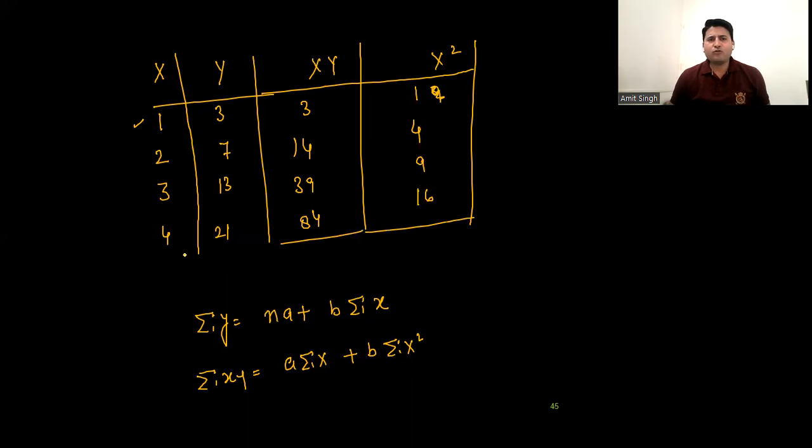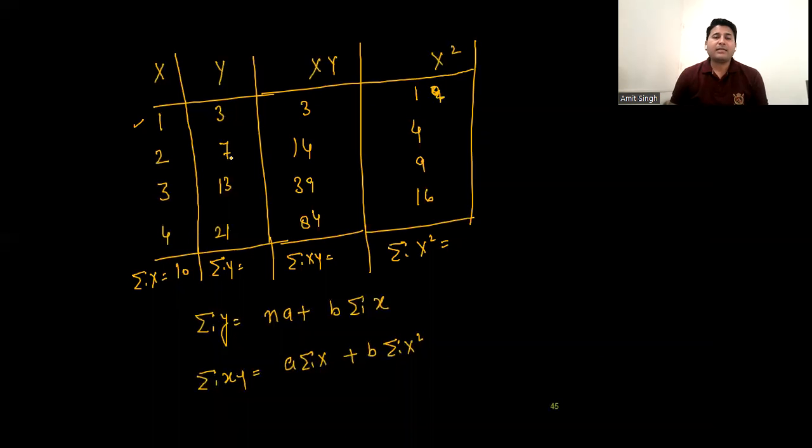Now I need to do the summation. The first column gives you summation of x, the second will be summation of y, the third will be summation of xy, and the last will be summation of x square. So do the summation. The first one will be 3, 6, 10. The second will be 3, 7, 10, and 13 is 23, 24 more is 44.